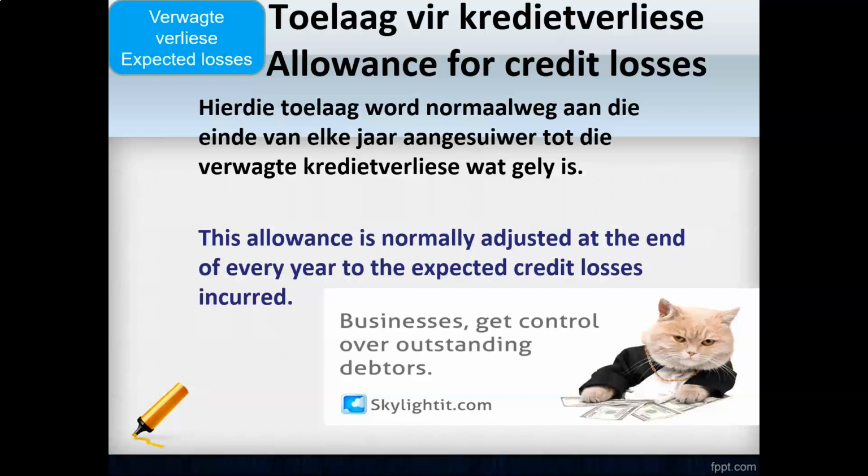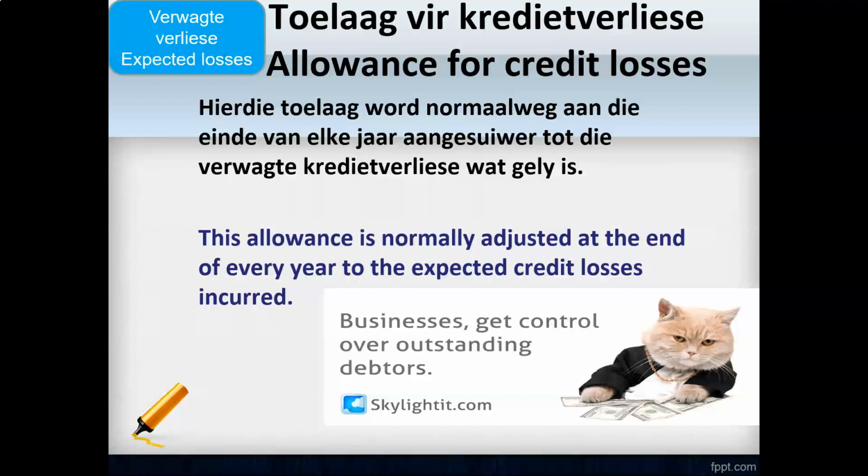Now, if I'm only going to adjust this account on an annual basis at the end of the year, what am I going to do? If I had an allowance for credit losses of 1,000 Rand at the end of the previous financial year, and I want 1,500 Rand at the end of this year, obviously I'm only going to post the movement in the balance in the current year.